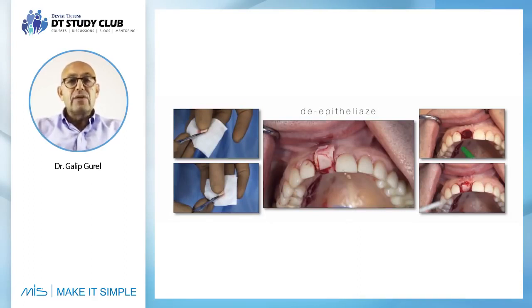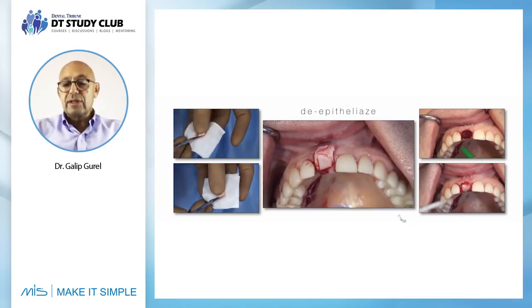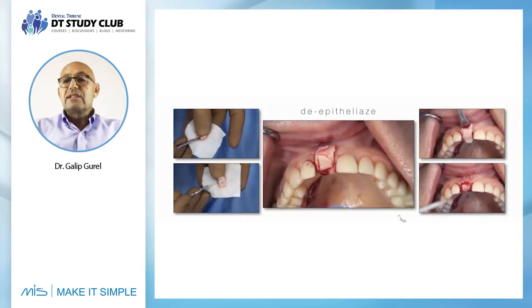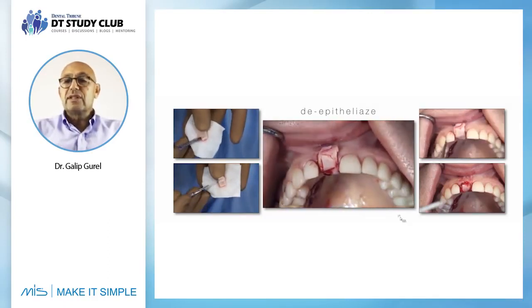He is de-epithelializing the facial and palatal parts, but leaves this epithelialized tissue on the area where it will be covering the socket. This is how he's gently trimming these parts and then positioning this into the socket.